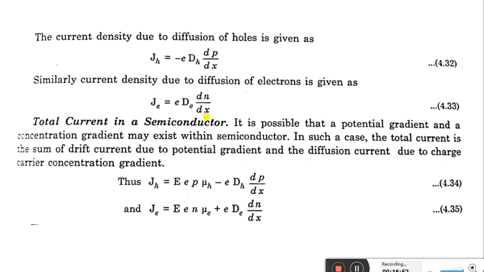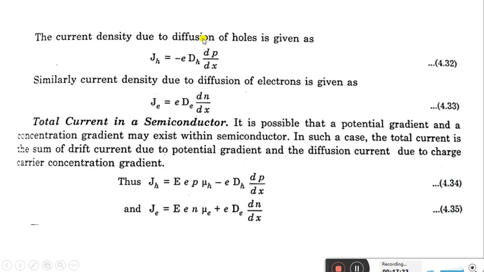If we want to find the total current density in a semiconductor, as we know, the total current is because of the drift current and because of the diffusion current. So we have to add both terms, the drift part and the diffusion part, and only then can we write the total current density. First we write the total current density for holes, denoted by JH.